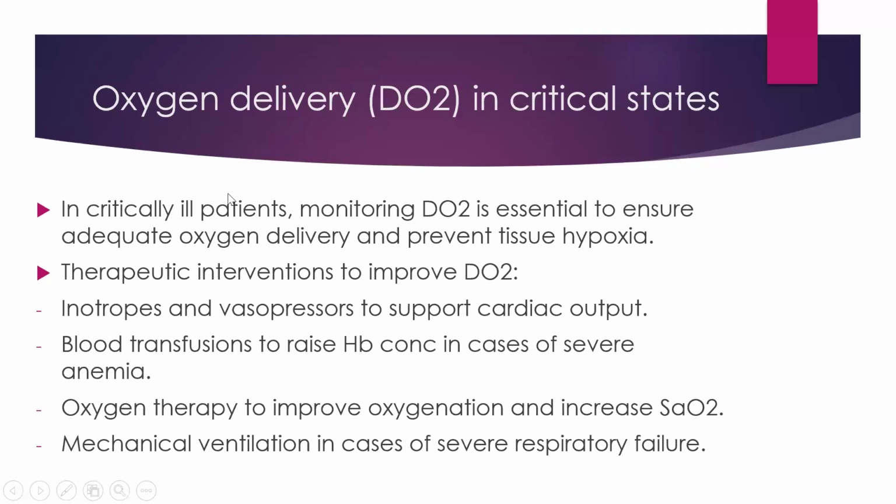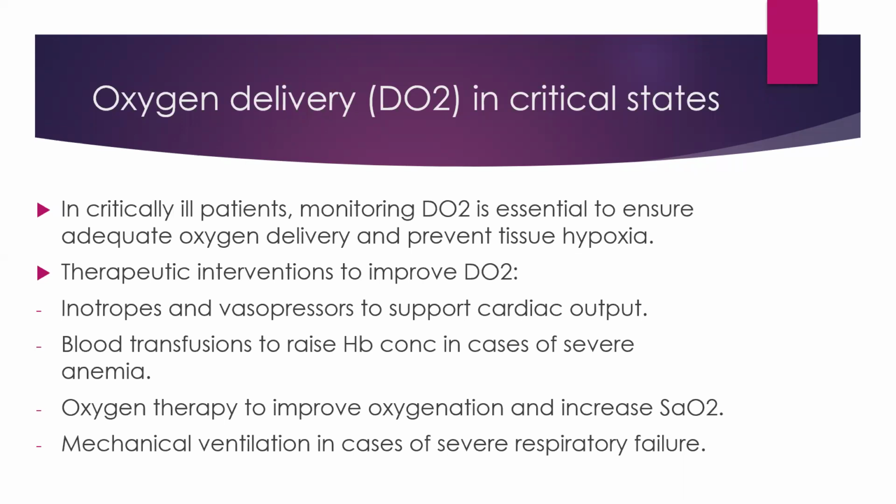The reason why I emphasize oxygen delivery is the impact of oxygen delivery in clinical illness. In critically ill patients, it's important that we monitor the oxygen that is being delivered to tissues. And there are therapeutic interventions that we usually employ in the ICU to improve oxygen delivery to the tissues. Number one is to augment your cardiac output by your inotropes and your vasopressors.